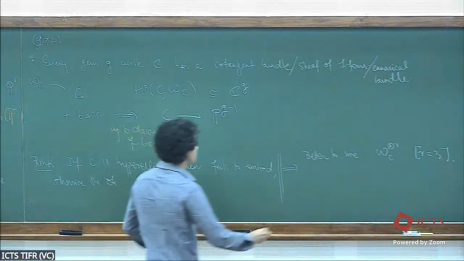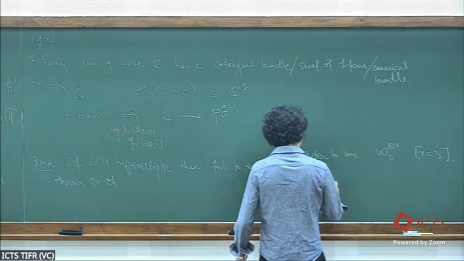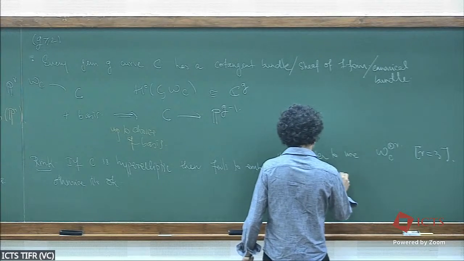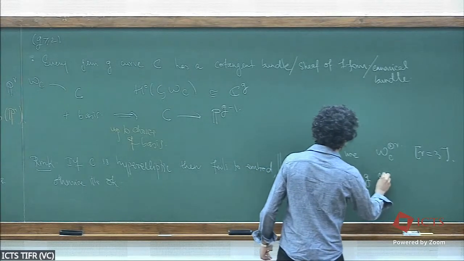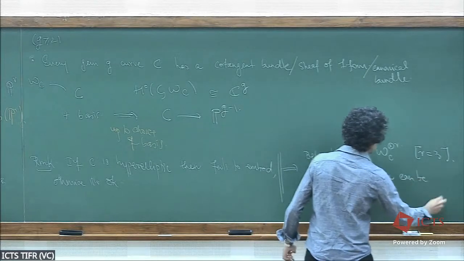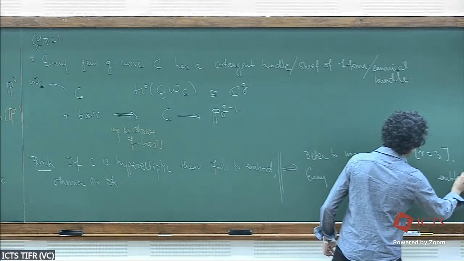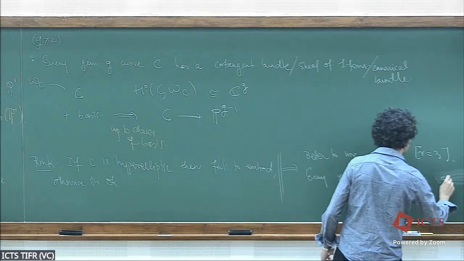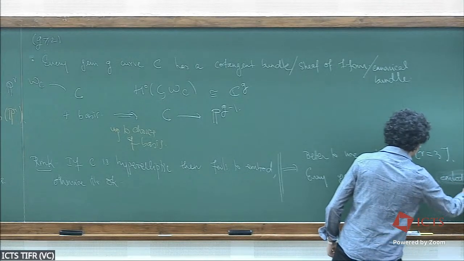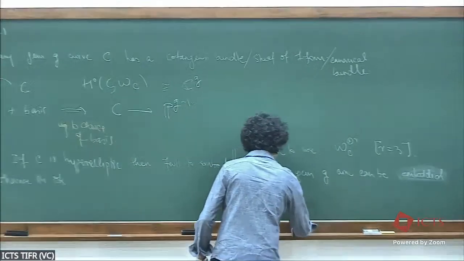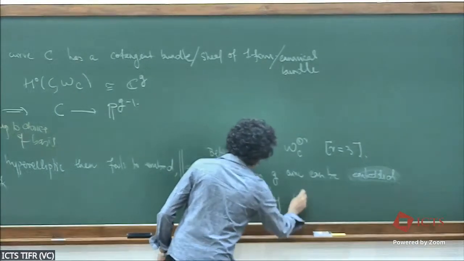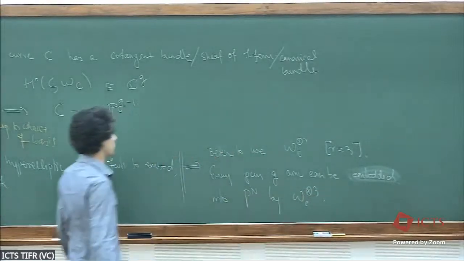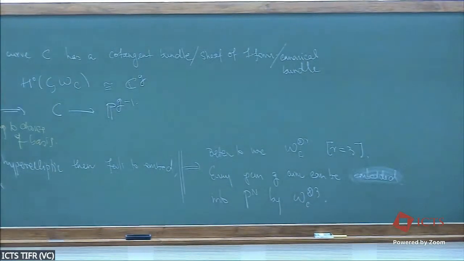So a consequence of this is that every genus g curve can be embedded, oh my goodness, that's terrible spelling, embedded into some projective space by omega C tensor cubed. Okay. So yeah. That's right. Yeah. If and only if.